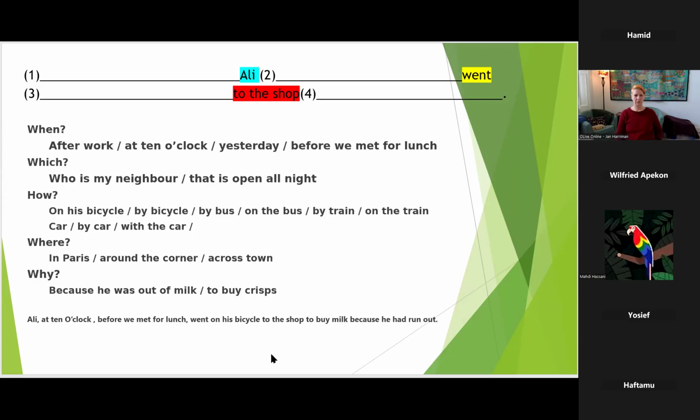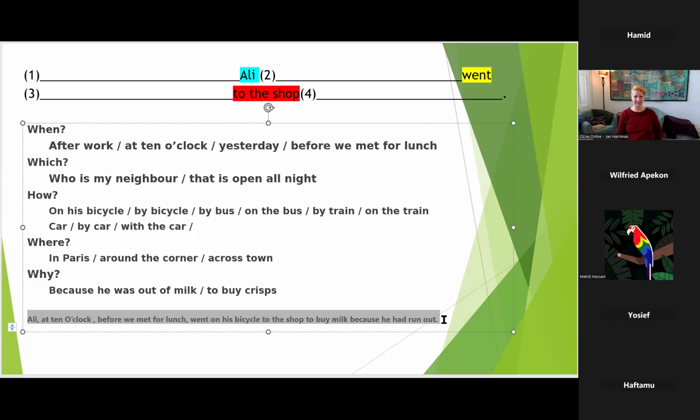When you put all those pieces together, write it in the chat. Come on, you can do it. Can you type it in the chat?